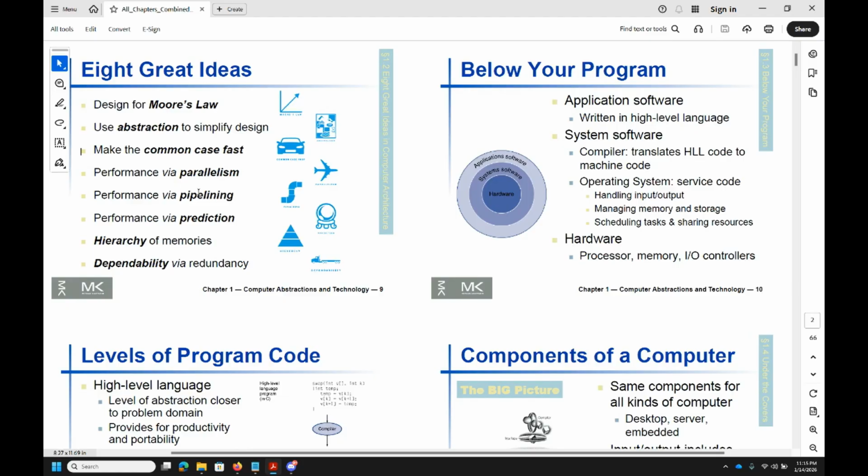Performance via parallelism is again via multiple cores, and via pipelining, which is taking advantage of executing instructions one after the other. Prediction is when your CPU decides to execute certain instructions even when it's not sure whether those instructions will be executed or not.